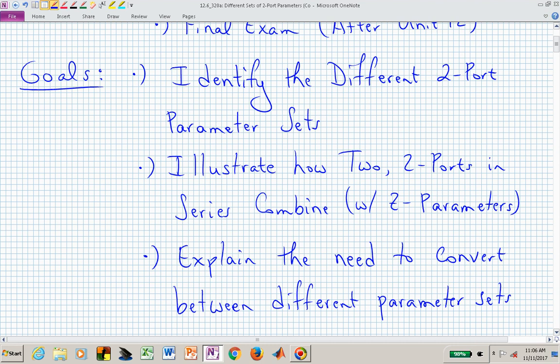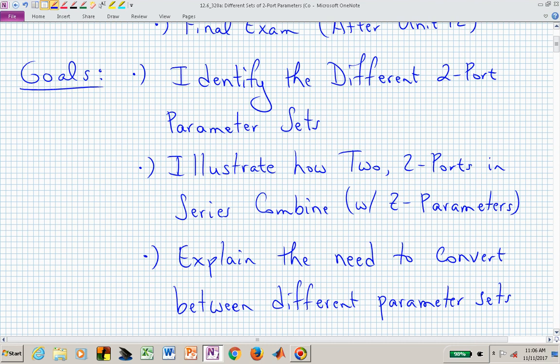And we'll look at how we could also interconnect two-ports in both series and parallel forms, and how we can then do that at the input port and the output port, etc. And then we'll finish this video illustrating how we could convert from one parameter set to another.